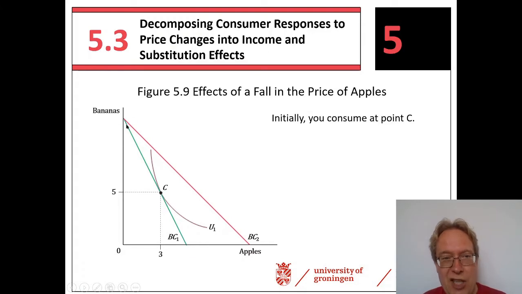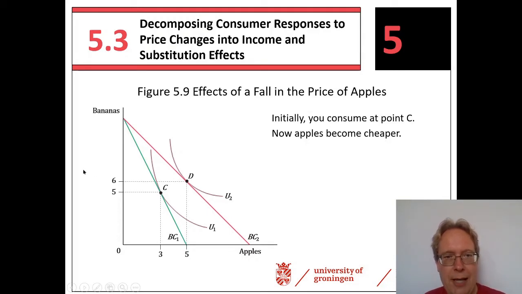Your banana intercept doesn't change, so nothing changes to price or income there, but you can now buy more apples than you could before. In other words, apples have become cheaper. Okay, what is your new consumption bundle? Your new optimal consumption bundle is point D. You now consume 5 apples, 6 bananas.